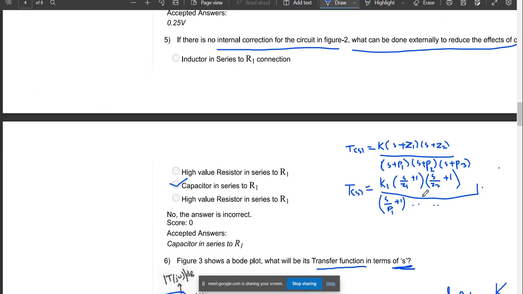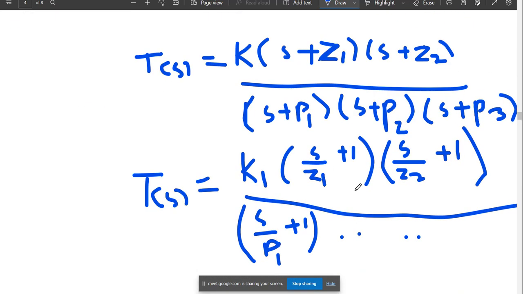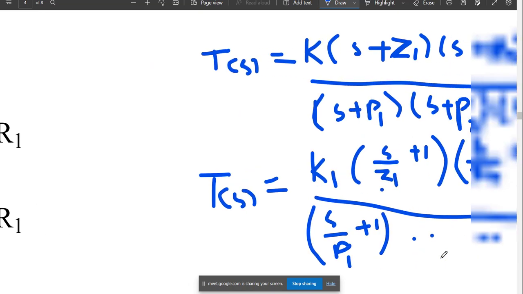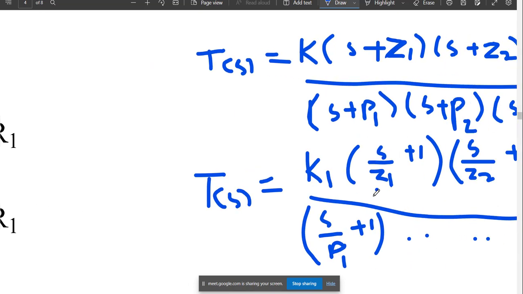Now our equation has Z1, Z2, P1, P2, P3, right? Whichever comes first, let's say Z1 is coming first.